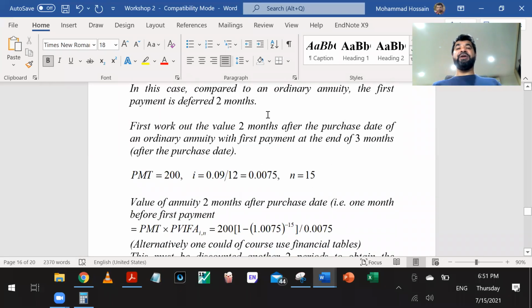In this case, compared to an ordinary annuity, the first payment is deferred 2 months. So at the end of 2 months, in the 3rd month, they can actually make the payment.